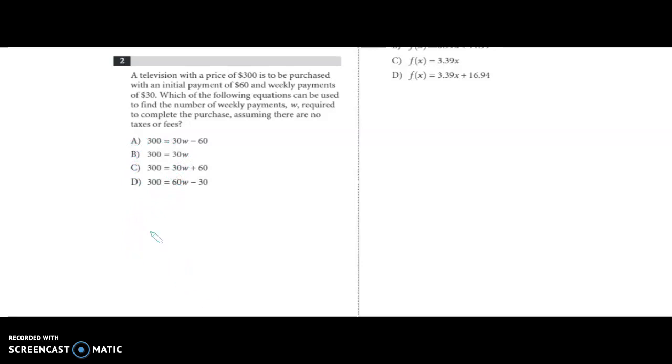So the question is asking that a television is to be purchased whose price is $300 and an initial payment has to be made for $60 and weekly payments of $30. So which equation will be the right answer?